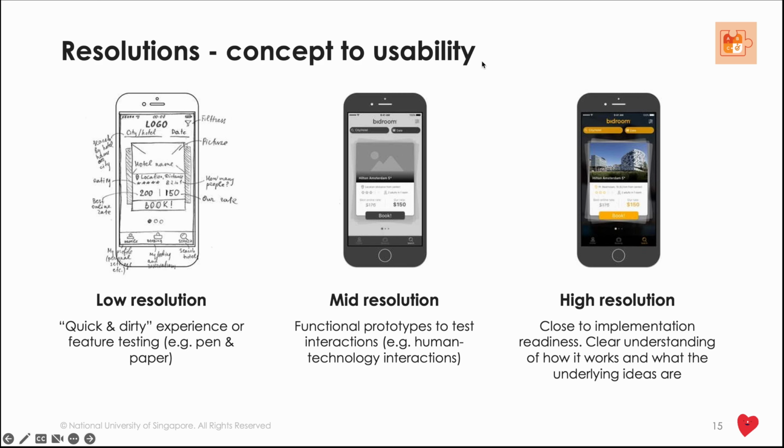However, over time, it is important for us to get towards a high resolution prototype. Reason being, if you are perpetually stuck in a low resolution, the type of feedback that you'll get will not be of a high quality because they know that this is not a real solution. It doesn't exist yet.